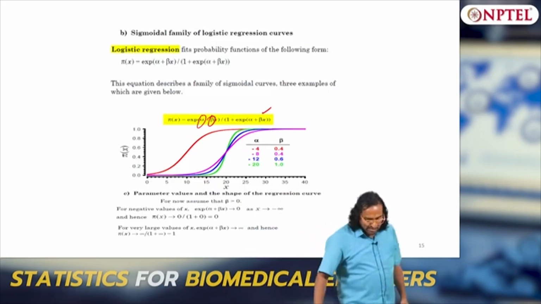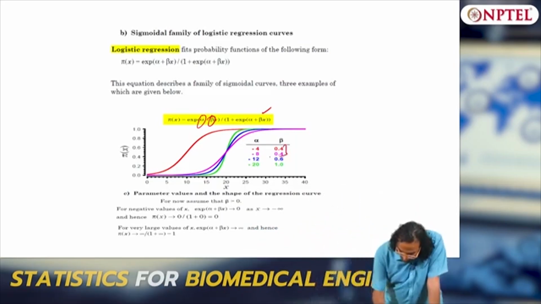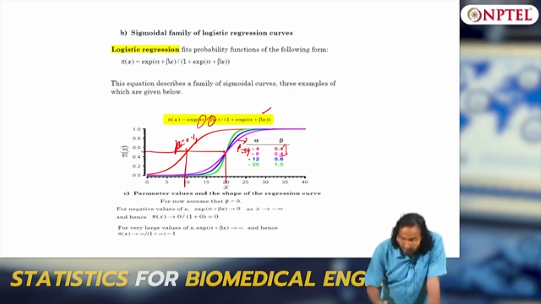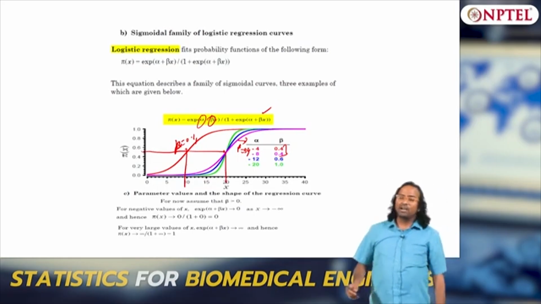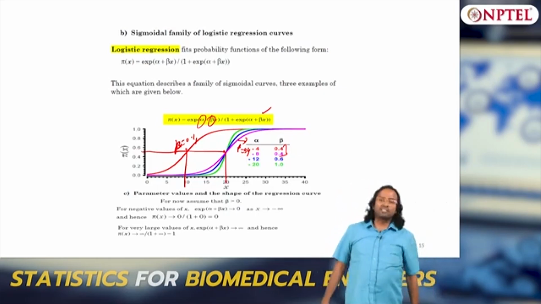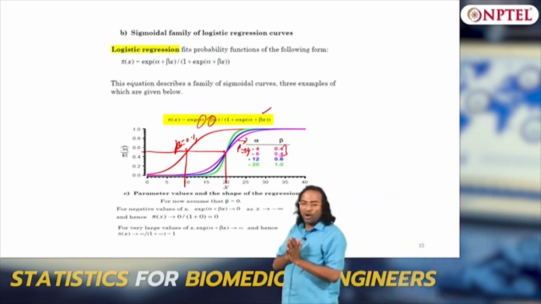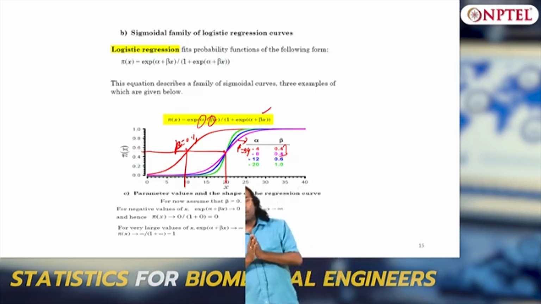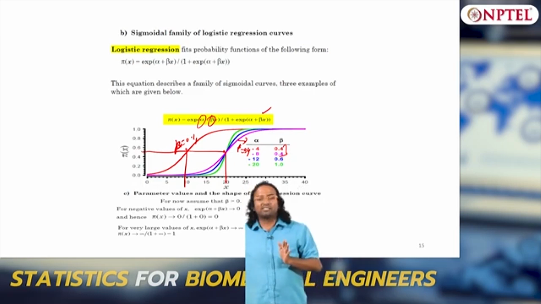So look at this, I have kept beta constant at 0.4, the red and the pink both have beta equal to 0.4. Now if alpha doubles, the value of x at which the probability is 0.5 also gets doubled.